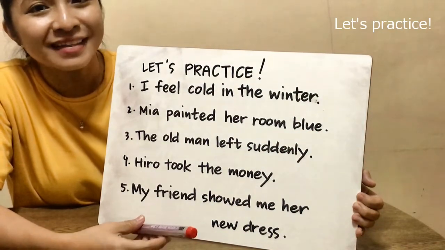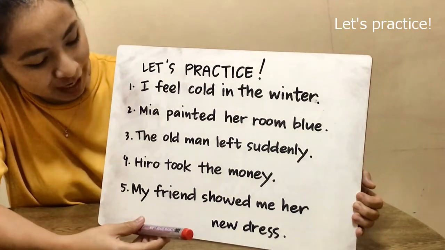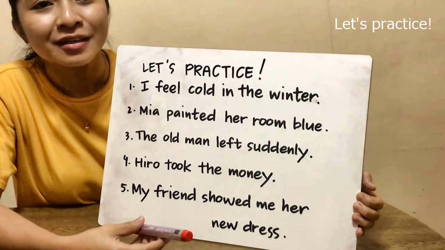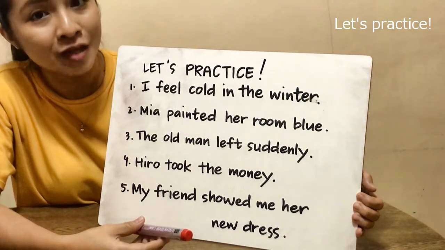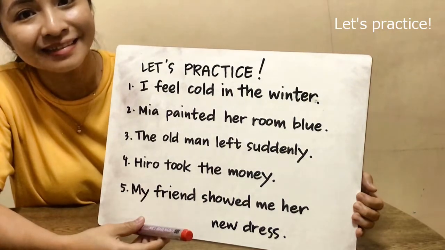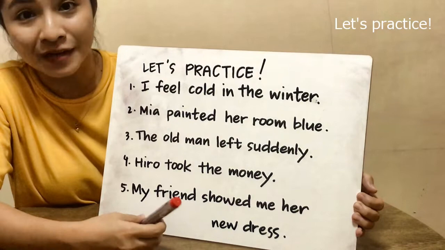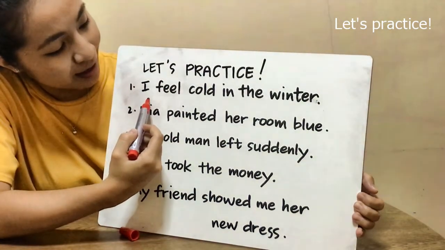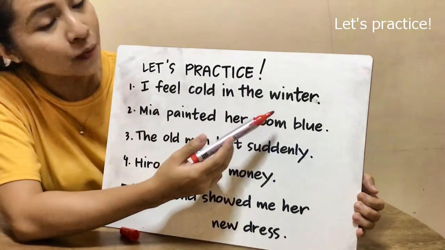So now, let's practice. So I wrote 5 sentences on this board. Could you help me identify the sentence pattern of each of these sentences? Let's try the first one. I'm gonna read. I feel cold in the winter.